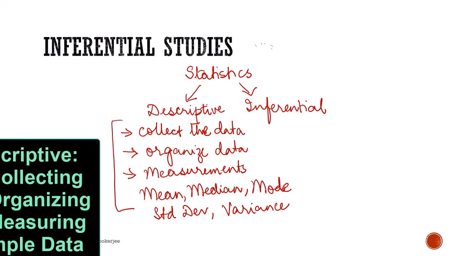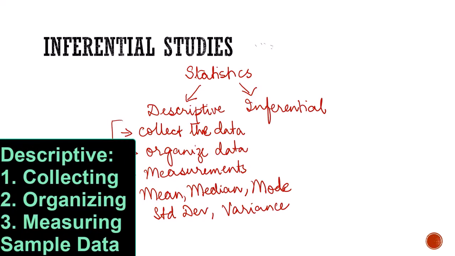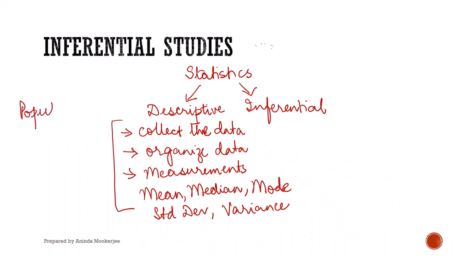Now, we also said that our statistical study applies to a certain population. However, the population can be an enormous size. It can be in millions, and it's not possible to work with an entire population. It's going to be time consuming. It's not going to be cost effective.